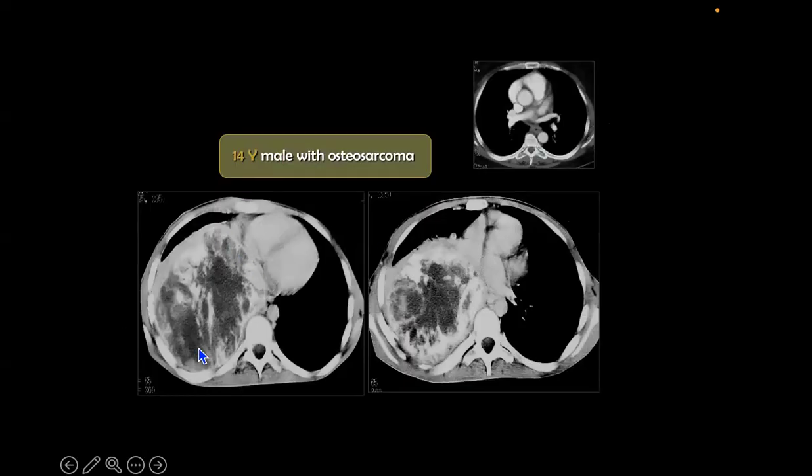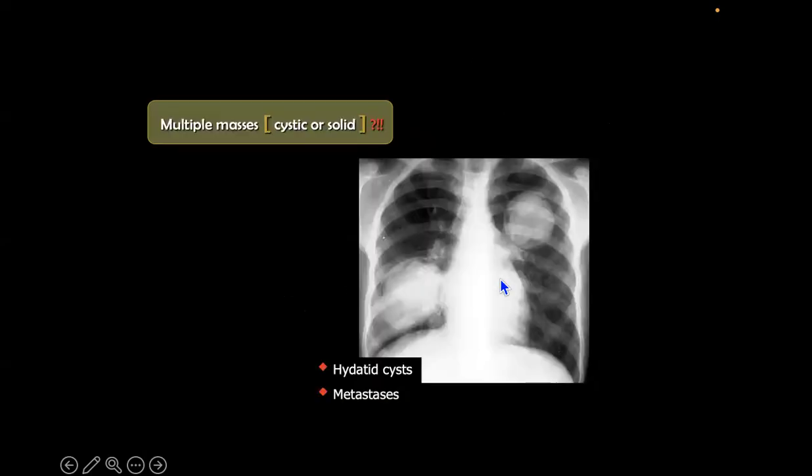Again, we have this very big tumor. It's a solitary one. It's a mass. This is a very famous kind of metastasis from osteogenic sarcoma. These are well-defined opacities. They could be cystic or solid because the chest radiograph usually does not discriminate between these.